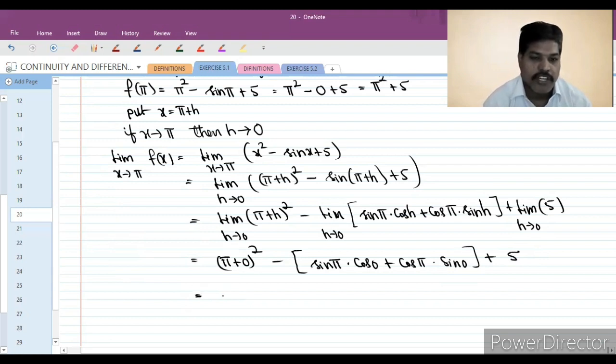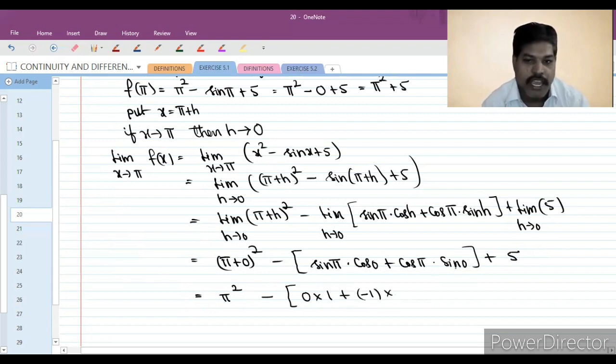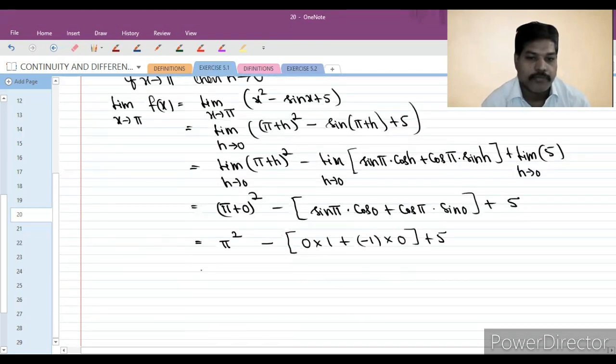So pi square minus, sin 180 is 0 into cos 0 is 1, plus cos 180 is minus 1 into sin 0 is 0, plus 5. So pi square minus 0 plus 5, that implies pi square plus 5.